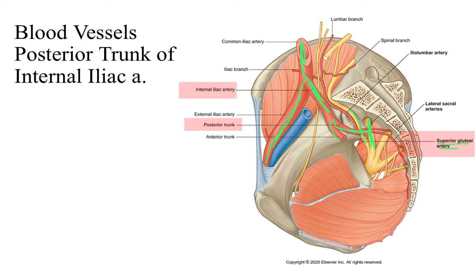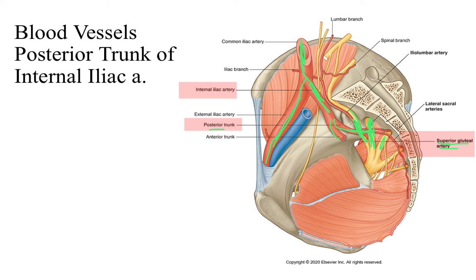In fact, that's one of the ways that you can identify where the lumbosacral trunk ends and where S1, S2, and S3 begin, is if you see this major artery coming off the posterior trunk of the internal iliac artery going between two big nerves, then you know that that's got to be the superior gluteal artery, and then therefore this must be the lumbosacral trunk and the anterior branch of S1.